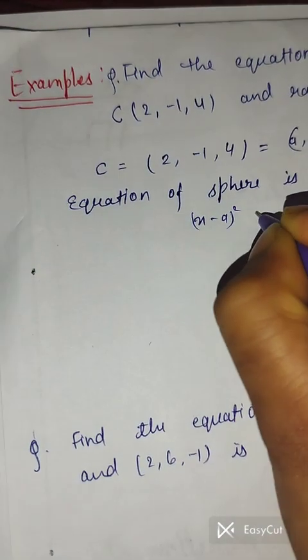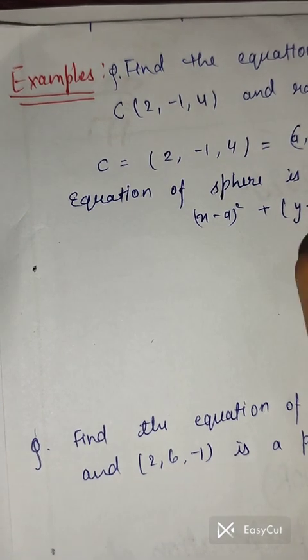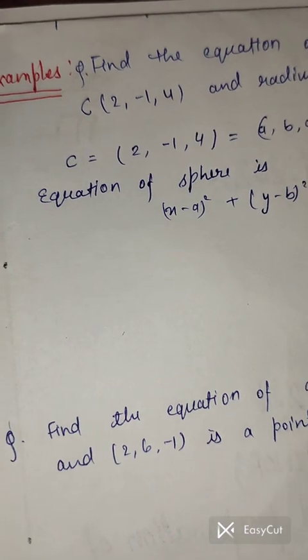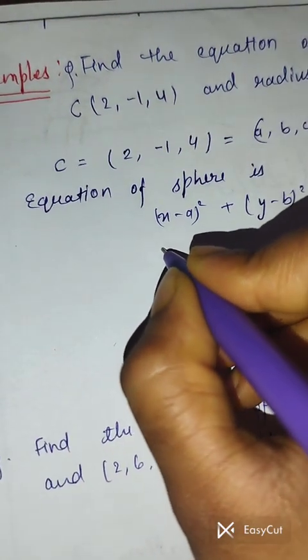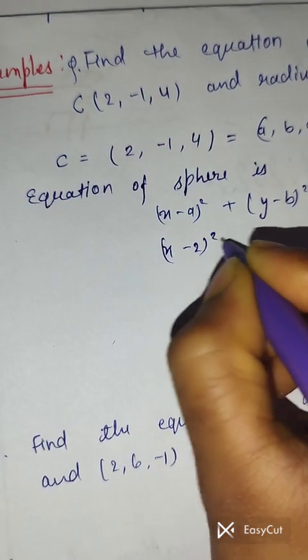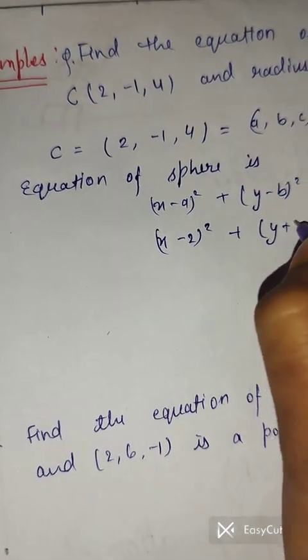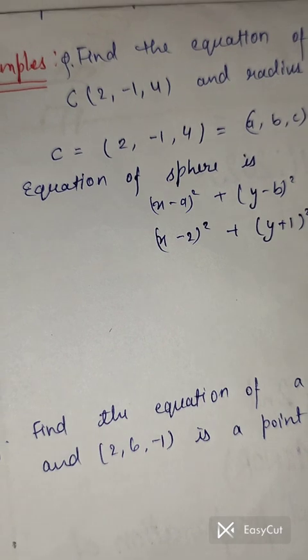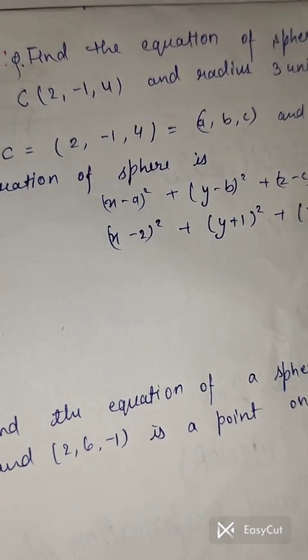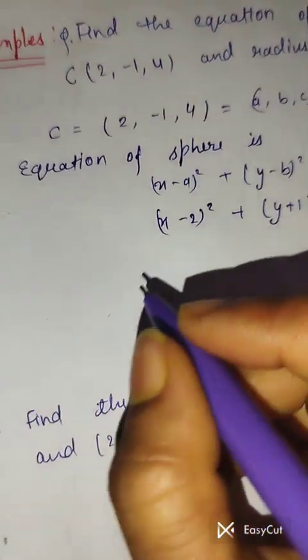We have seen in the previous section that the equation of a sphere is x minus a whole square plus y minus b whole square plus z minus c whole square is equal to r square. So after putting the values of a, b and c, the equation becomes x minus 2 whole square plus y plus 1 whole square plus z minus 4 whole square is equal to 9, that is 3 square.